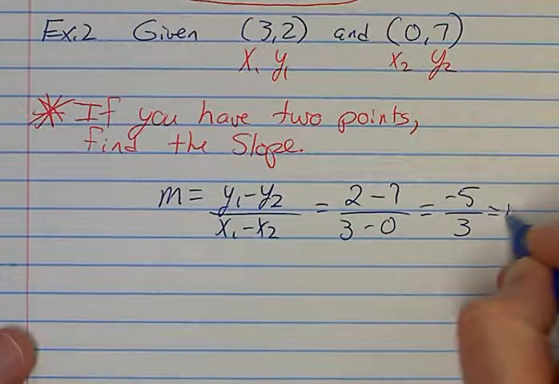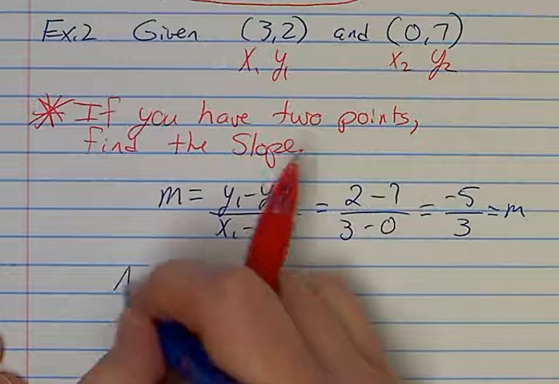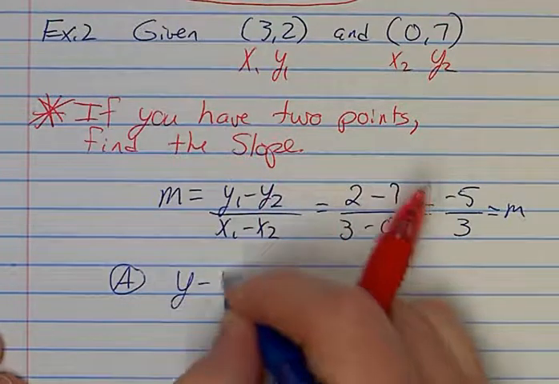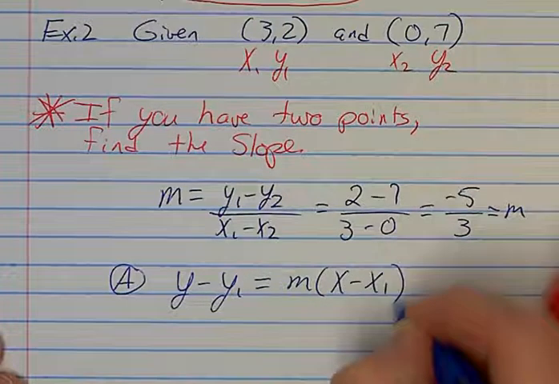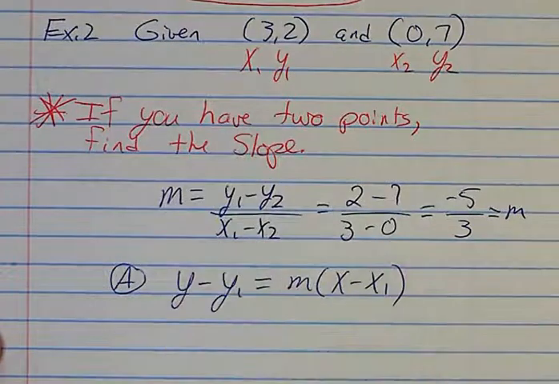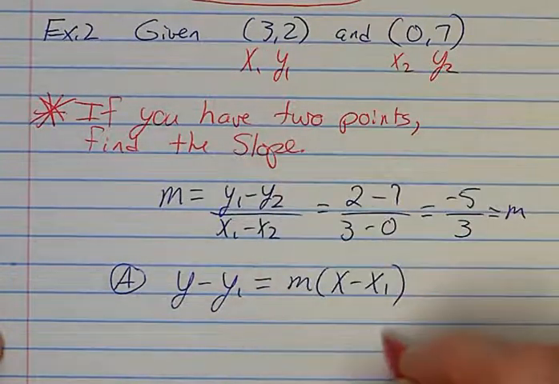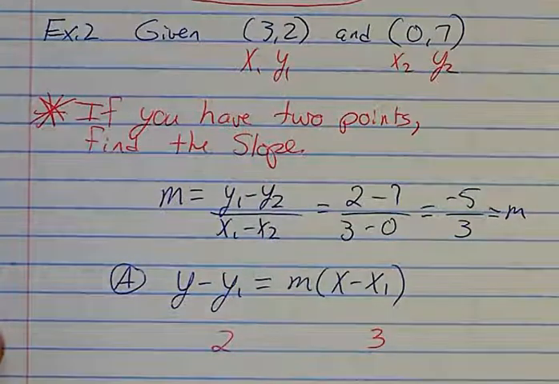And once you've got the m value, now we can jump in and start doing Part A. Because we got the x1 and y1 from here. x1 was 3, y1 was 2, and we've got our slope right here, which was negative 5/3.